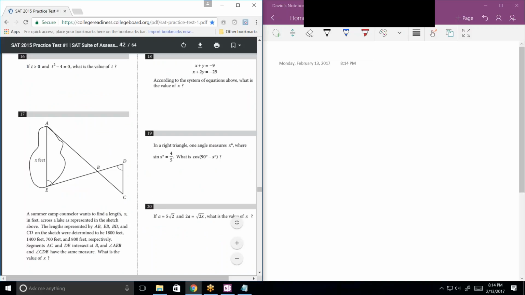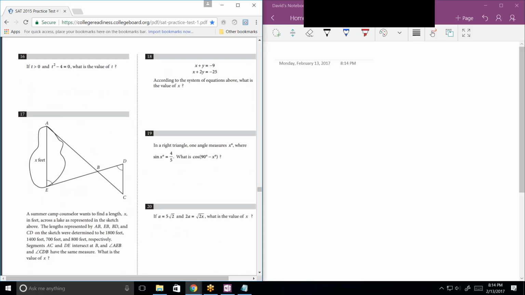This is the part where you have to grid in your answers. Gotcha. Well, what that also means is that they're easier. The multiple choice tend to be harder because they're giving you multiple choice. They're not giving you any multiple choice on these, so they make them a little easier.